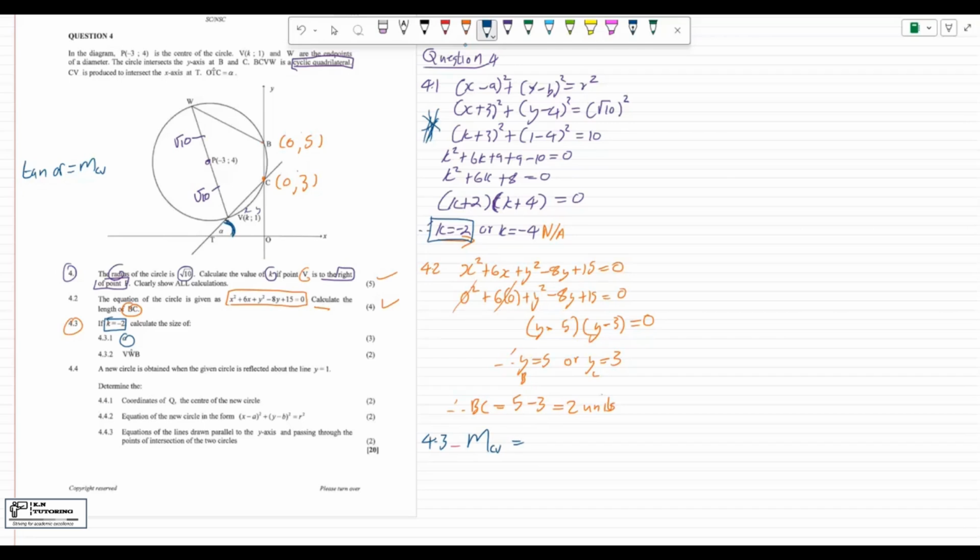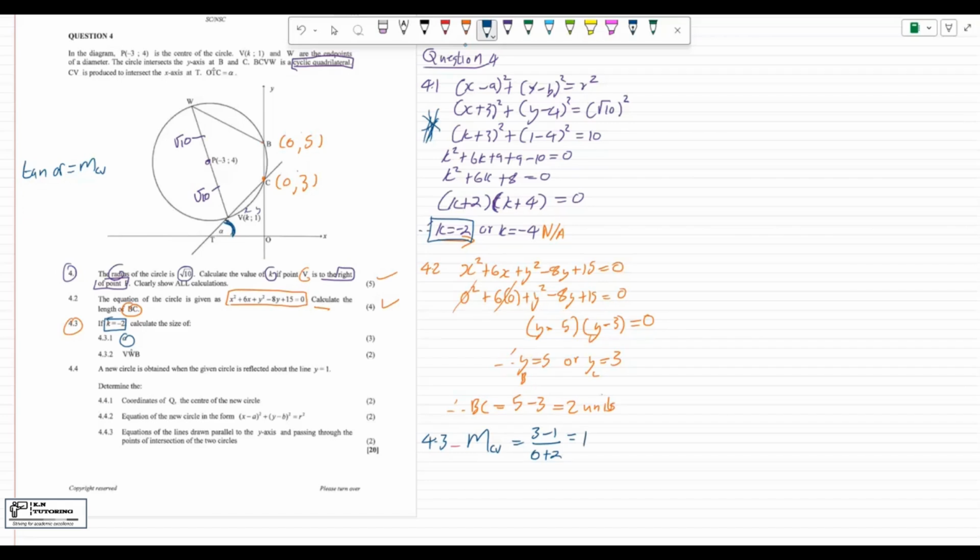So it's going to be 3. What's happening? 3 minus 1, 0 minus 2, 0 plus 2. And 3 minus 1 is 2, 0 plus 2 is 2, so 2 over 2 is going to give me 1.